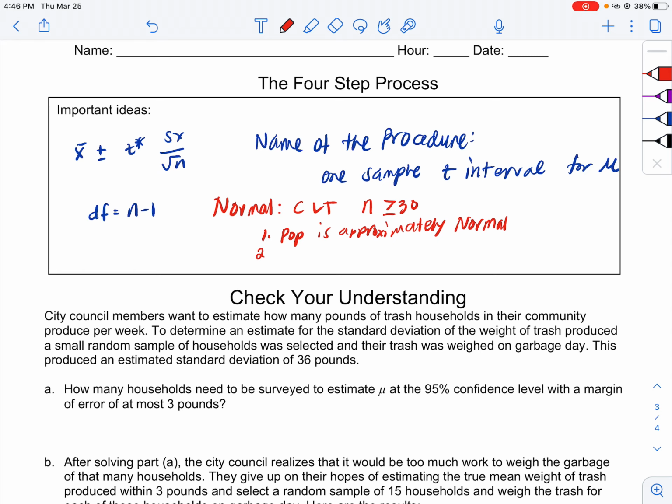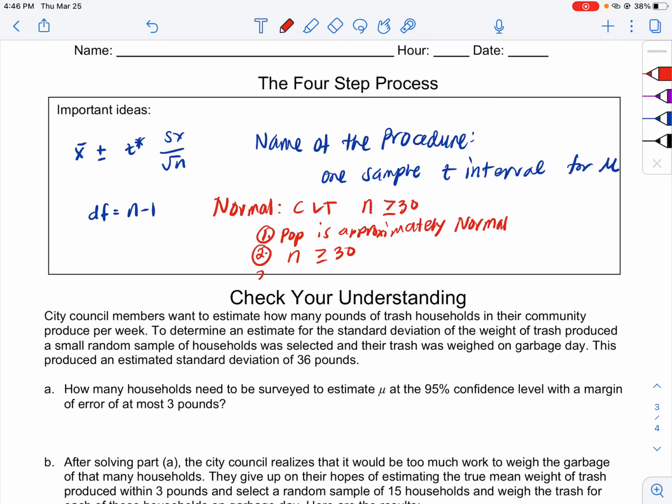Okay, and then the second is if the population is not normal, or if it didn't say it was normal, we have to check our CLT that our n has to be greater than or equal to 30.